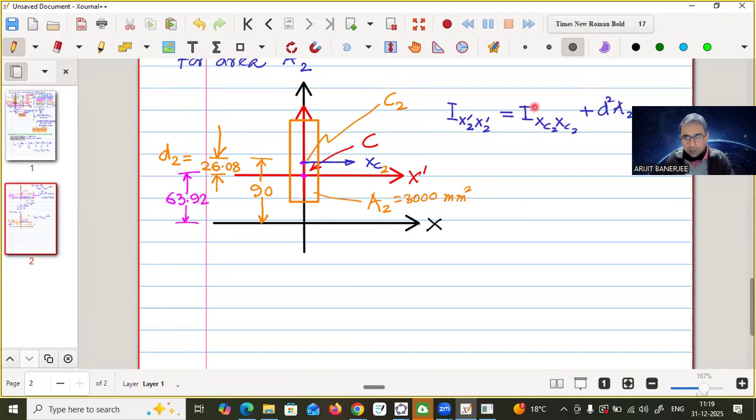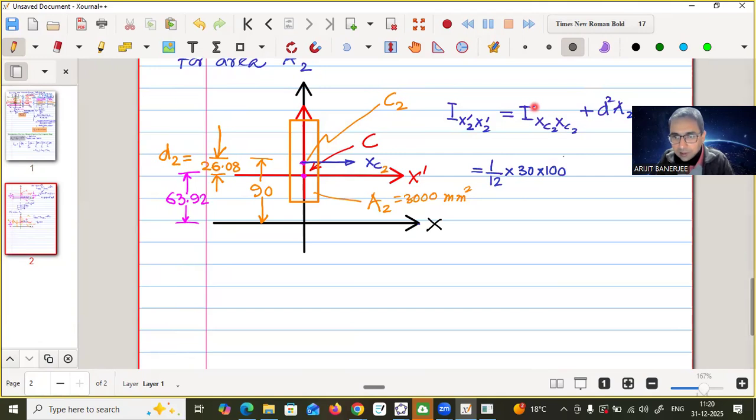Now you tell me what is this first term? First term is again 1 by 12 bh cube, isn't it? What is b? B means the width. Width is how much? 30 mm, right? 30 multiplied by h cube. H means 100 cube.